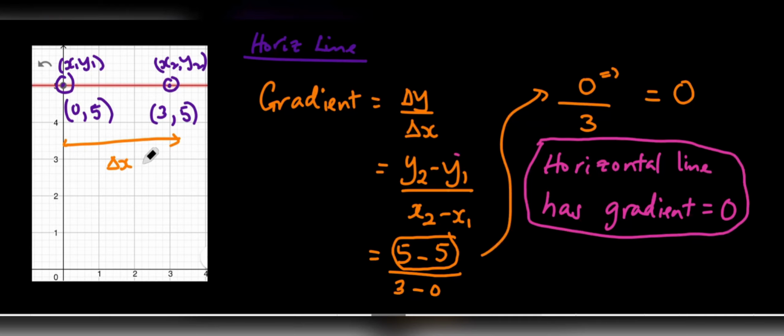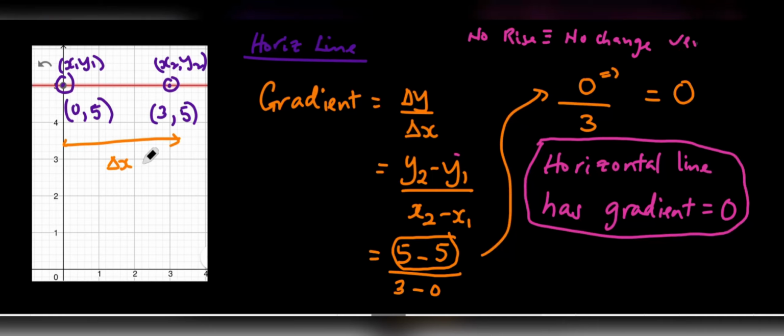So there's no rise in this line. I'm going to put a little note: there is no rise, or no change in the vertical component, no movement in the vertical. So this is just one thing that we should note. A horizontal line has a gradient which is 0.